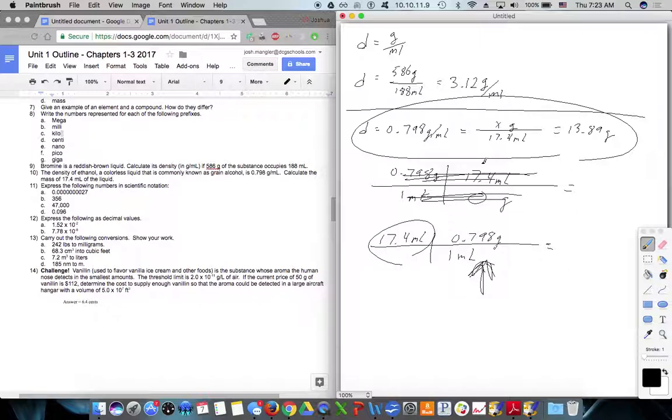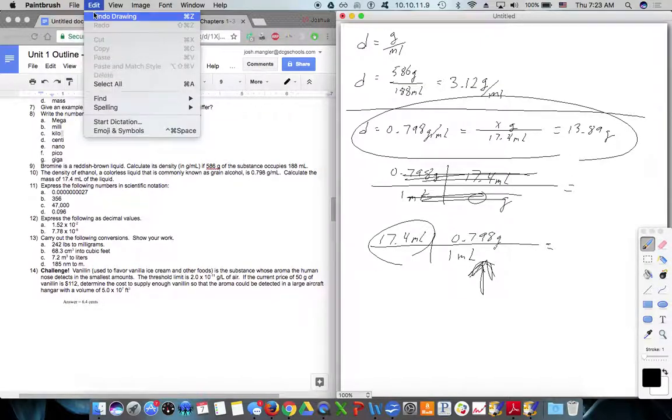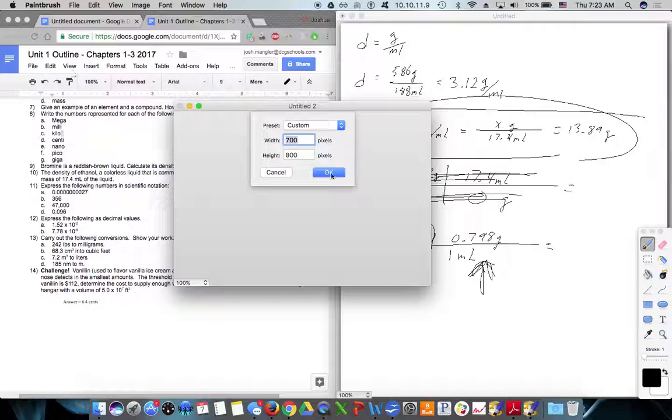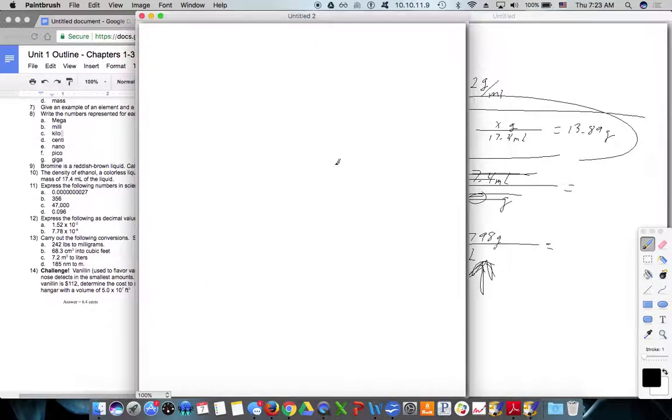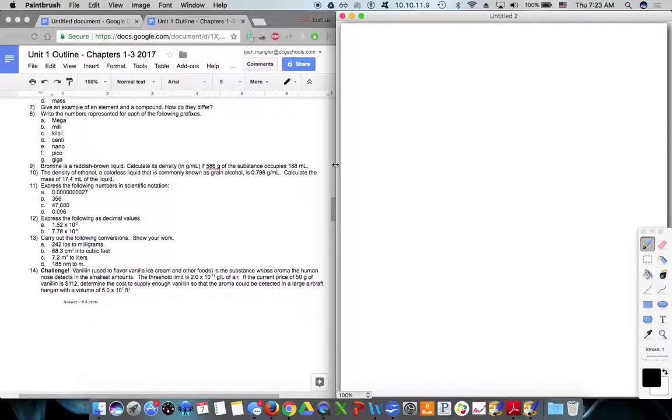So, all right, let's see here if I can get a new document. Scientific notation, I really hope that we can do those.